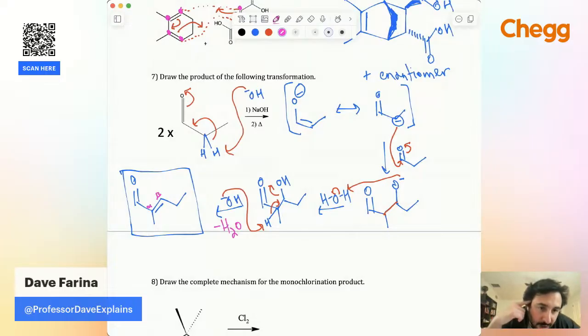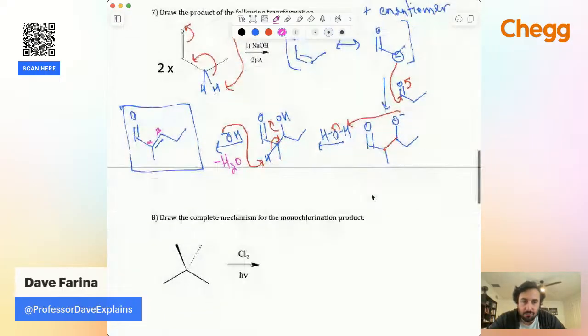Rotund Rabbit said, "Can you explain counter ions?" So, potassium hydroxide, right? We have hydroxide and then the potassium cation would be the counter ion.